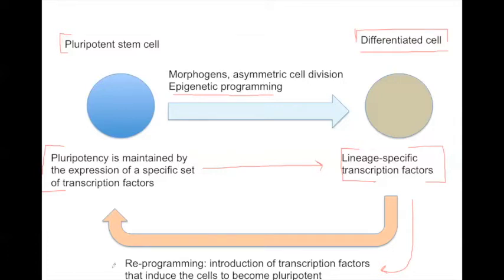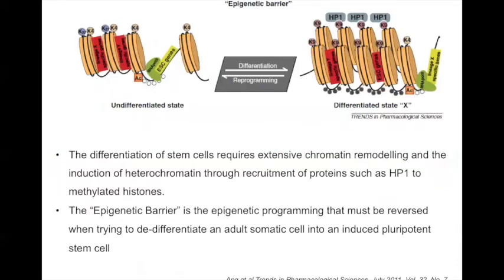These transcription factors are introduced into the cell, and the cell once again becomes pluripotent. It's not as easy as it sounds, and it took a great deal of work in order to find the right mix of transcription factors and morphogens to achieve this.